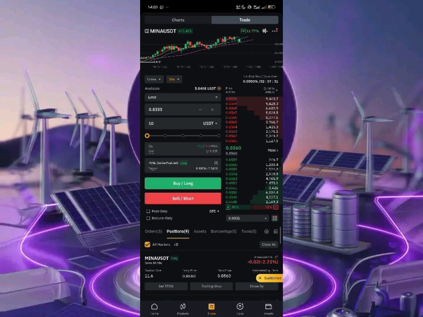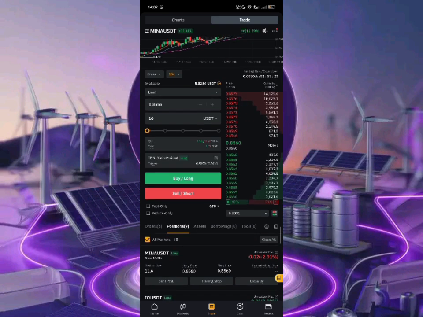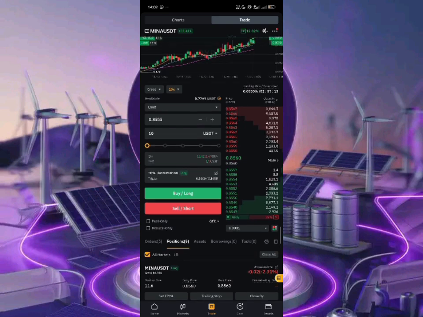Now you can see take profit 0.9, then stop loss 0.8455. Then from the trade I'm going to send, I will tell you if you are longing the trade, if you are going to buy long, or you are going to sell short. I think that's basically what futures trading is all about.